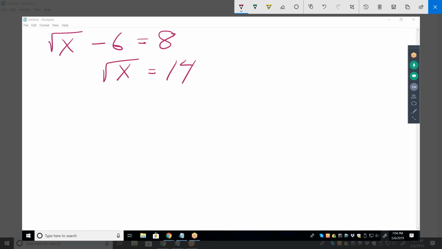Sorry. 13. 14. 14. I'm not doing good today. Anyways, always remember, when you're adding or subtracting even numbers, you cannot come up with an odd number. It's impossible. All even numbers produce even numbers. Now square both sides, so that would be x equals 196.